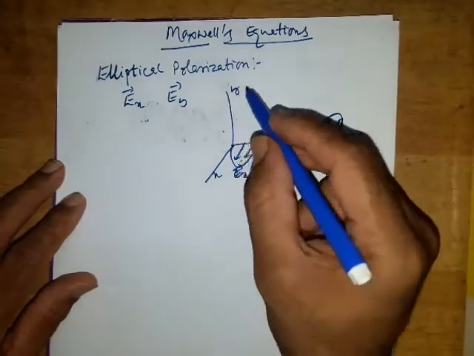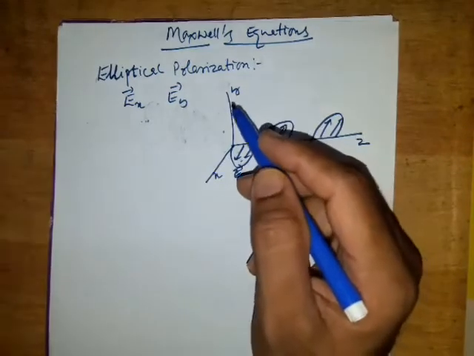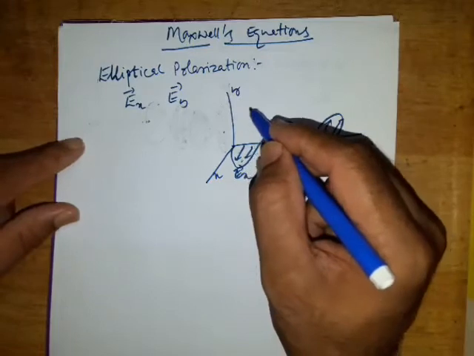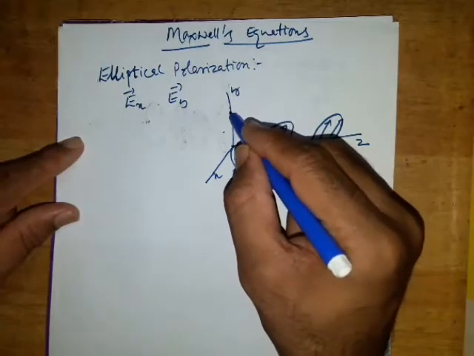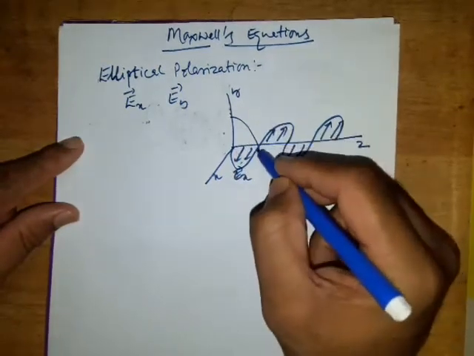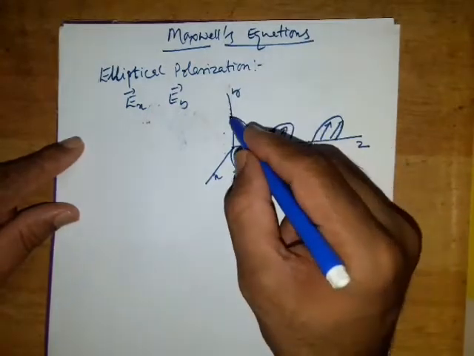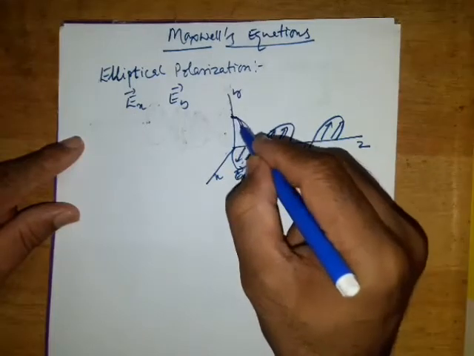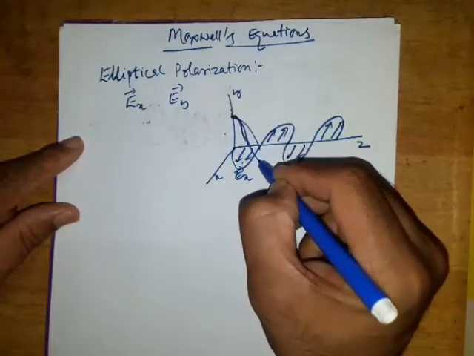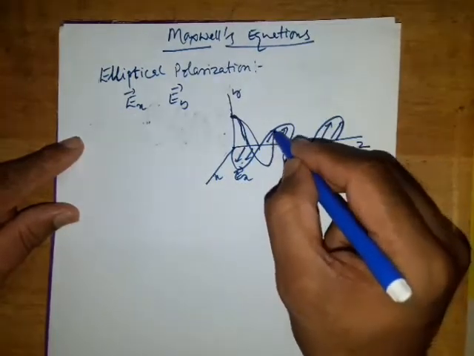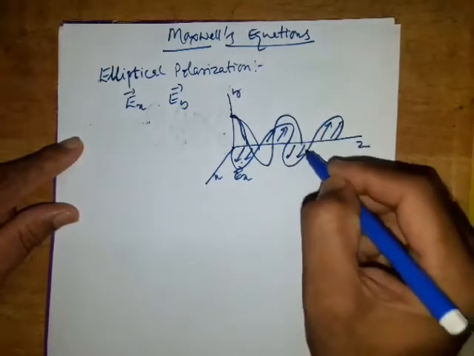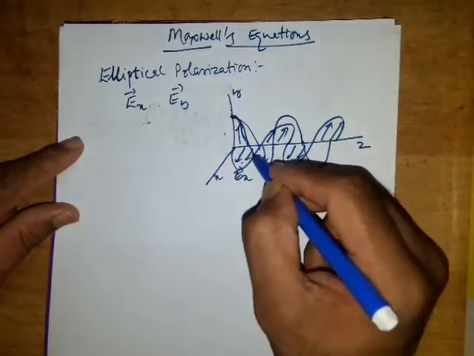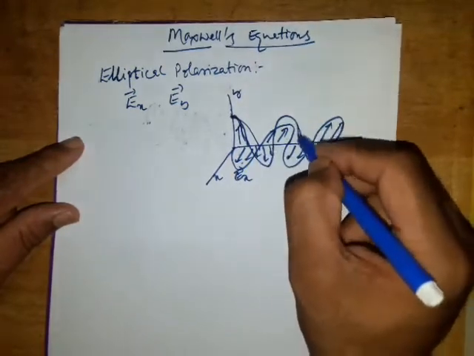The other one, Ey, is having a constant phase. It can be something like this. This one is vibrating perpendicular.